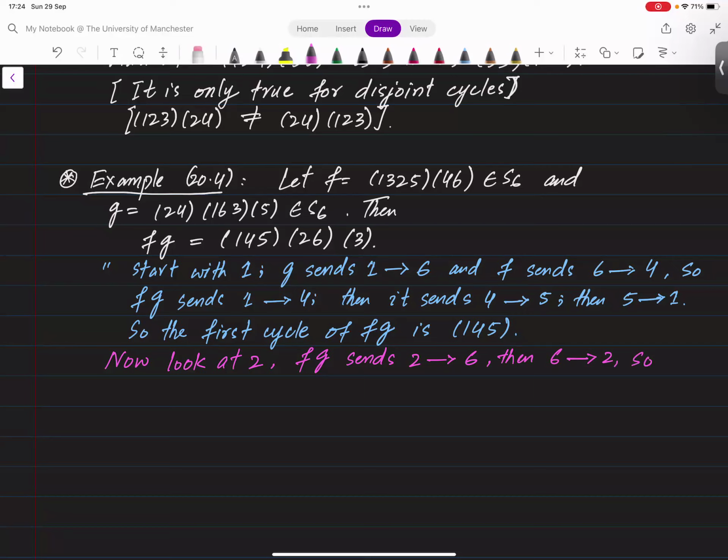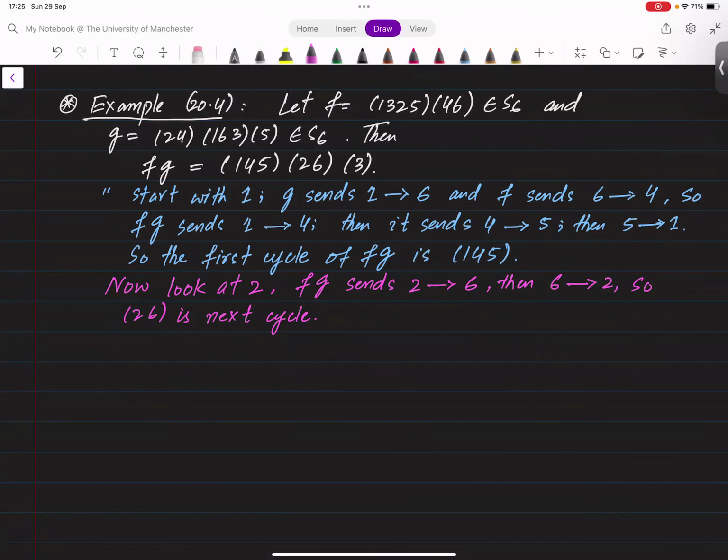So 2, 6 is the next cycle. How does FG send 2 to 6? G sends 2 to 4, and then F sends 4 to 6. So FG sends 2 to 6, and then G sends 6 to 3, and F sends 3 to 2. So that's how FG sends 6 back to 2.